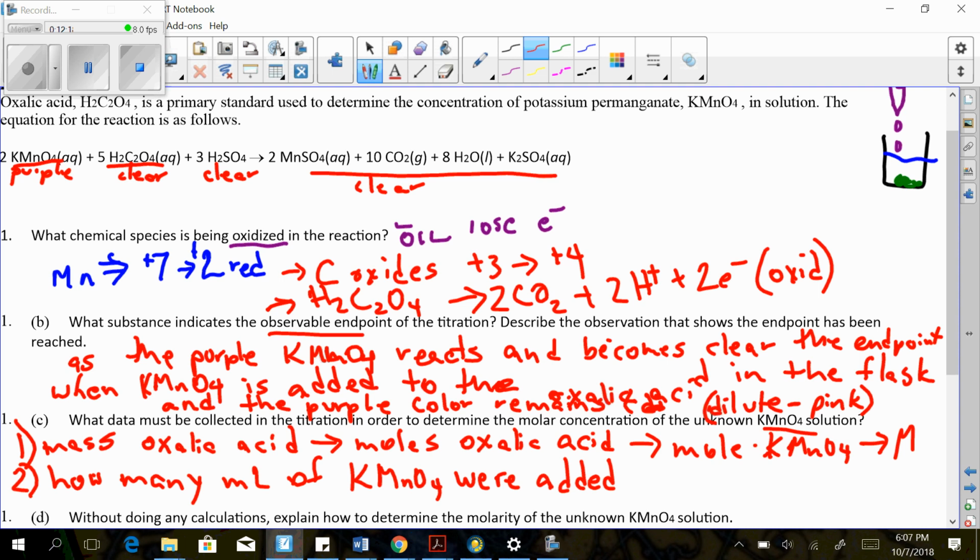And so those two things, the mass and the change in volume, I'm going to put change in milliliters or volume. Those two things would allow us to calculate the molarity, because for molarity you need to know the number of moles, and we could get that working backwards by knowing the mass of the oxalic acid, and we need to know how many liters. To get that, we would get that from the burette. So those two things are the things we would need to know.